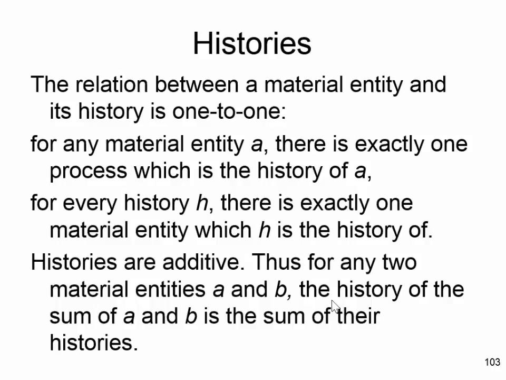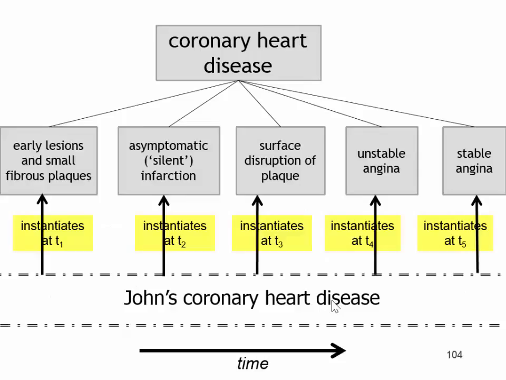Now, disease. I'm going to spend most of the rest of the tutorial talking about things like diseases. So just as John has a temperature which cycles through different values, so John's coronary heart disease starts differently from the way it resolves itself into some stable chronic angina. So we start with early lesions and small fibrous plaques.